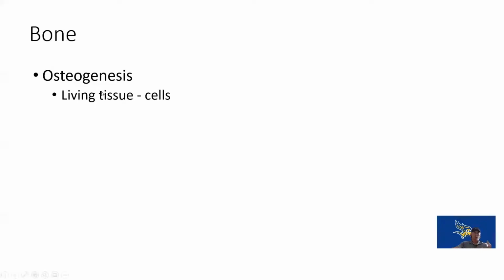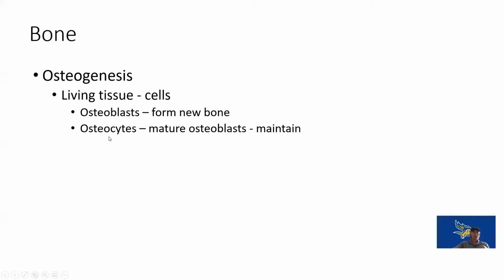Okay. Osteogenesis is the creation of new bone from osteoblasts. So it's osteogenesis. Osteoblast activity causes osteogenesis. Once that osteogenesis has stopped, or we've stopped creating more bone, those osteoblasts become osteocytes, which hold on and maintain that bone structure.